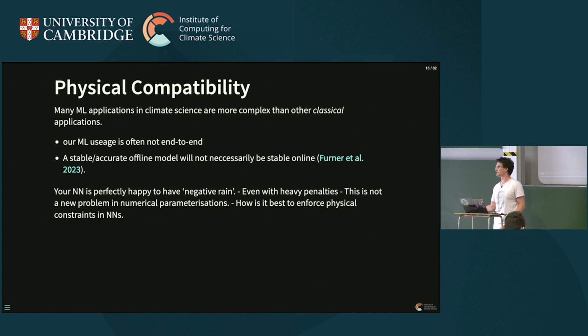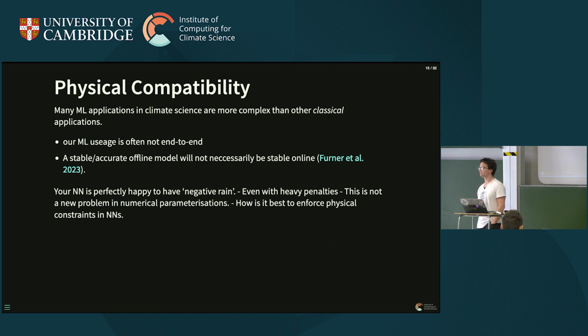And if you pass it something that moves into below zero, that's what it'll give you. So even if you apply sort of heavy penalties, this is not necessarily going to fix that. It's still a possibility. So you need to exercise some common sense here. Again, this isn't a new problem in parameterizations.